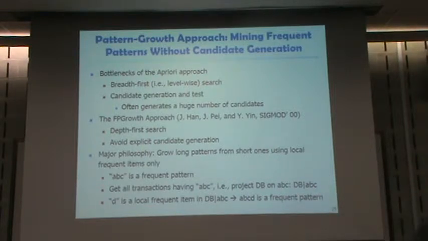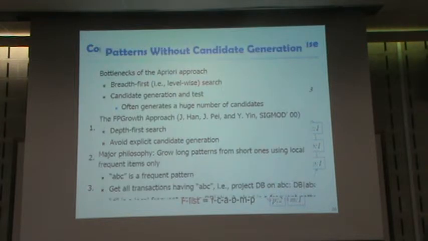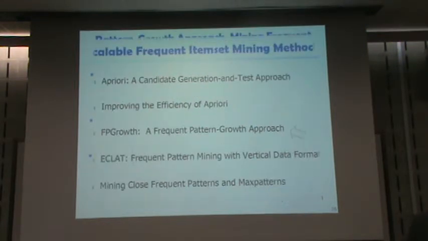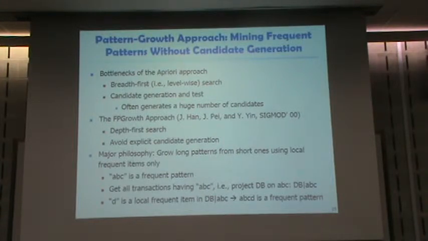So we will see the idea here. If ABC is a frequent item set, and D is a local frequent item set, then ABCD is also a frequent item set. So we will see an example of this.